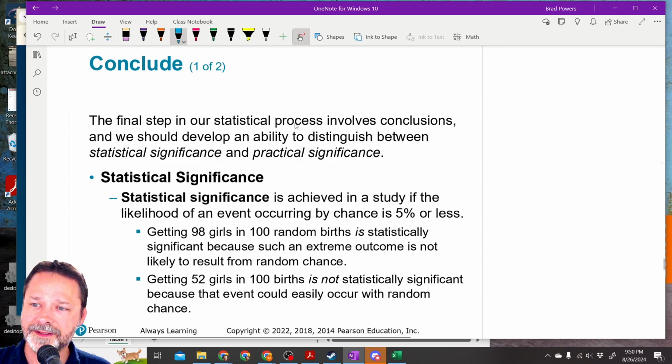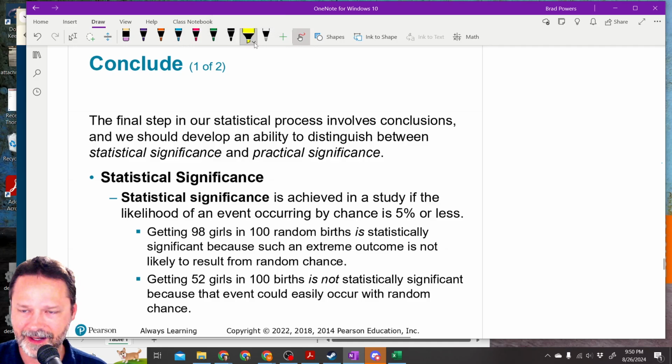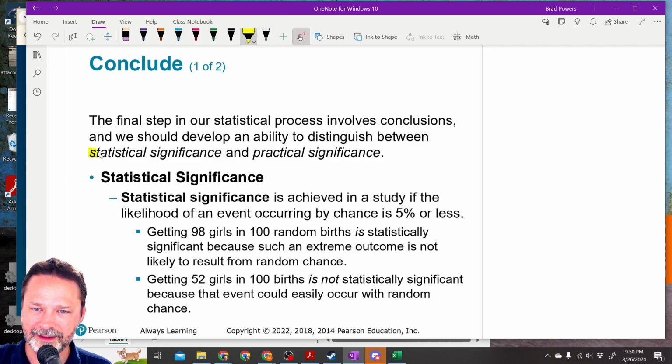The final step in our statistical process involves conclusions, and we should develop an ability to distinguish between statistical significance and practical significance. So we got these two things here: statistical significance and practical significance. I said it before, we're going to care more about the first one than the second.